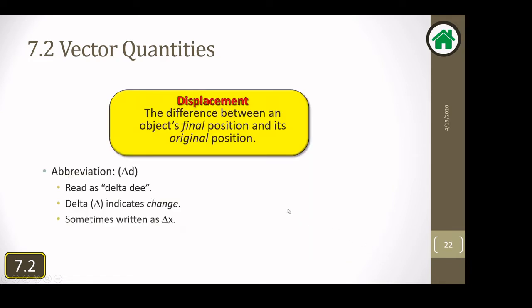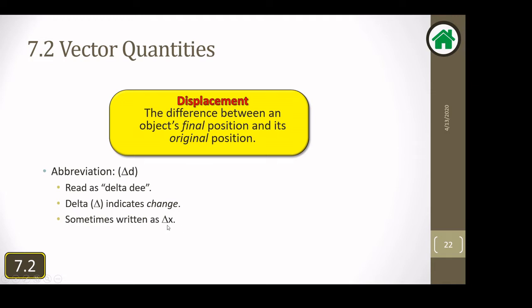So let's start with the concept of displacement. Displacement, as you can see here, is the difference between an object's final position and its original position. Its abbreviation is delta d. You read that triangle as delta. Whenever you see delta in science, it means that something is changing. So it's the change or the difference between where an object ends up and where it started.